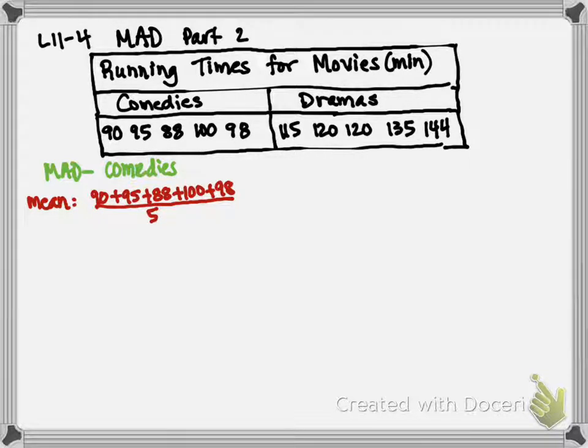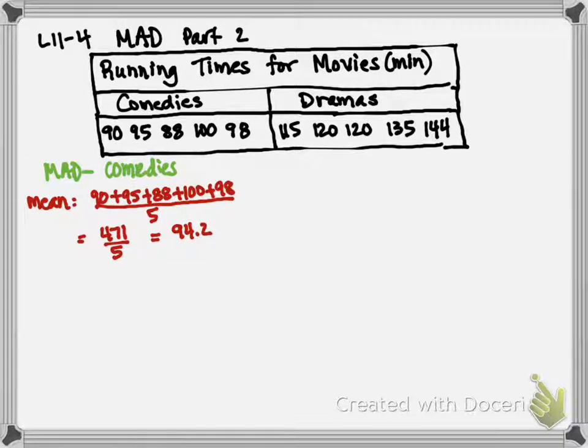Just trust me, I'm going to use a calculator, and I get 471 over 5, and when I do the long division, it terminates and I get 94.2. Do you see why I'm talking about a calculator on these?